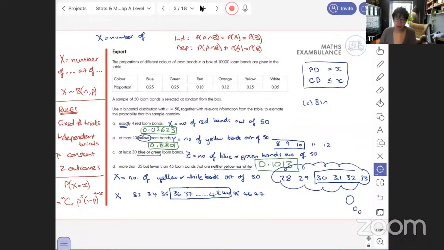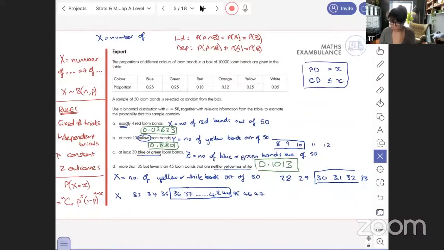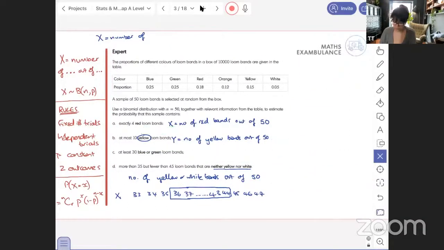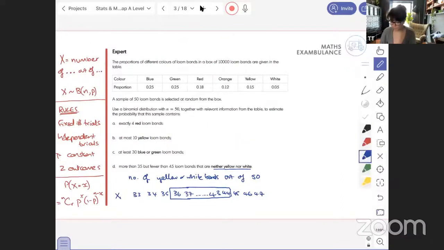Okay, I'm going to explain. I'm going to get rid of most of this first, because I want it to be really clear what I'm saying, because this is really important. See how I defined it? I defined X to be the number of yellow or white bands. What's the probability of yellow or white?